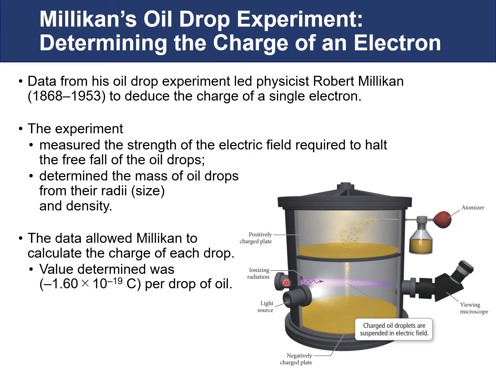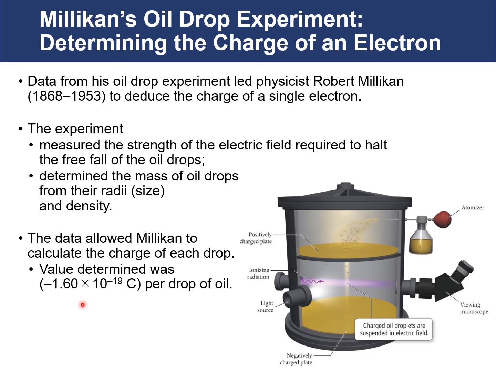So because the ionizing radiation would impart whole numbered values of electrons into the oil drop, typically 1, 2, or 3, by looking through the viewing port, he was able to determine the mass of the particle and from that infer the charge that the oil drop had picked up.